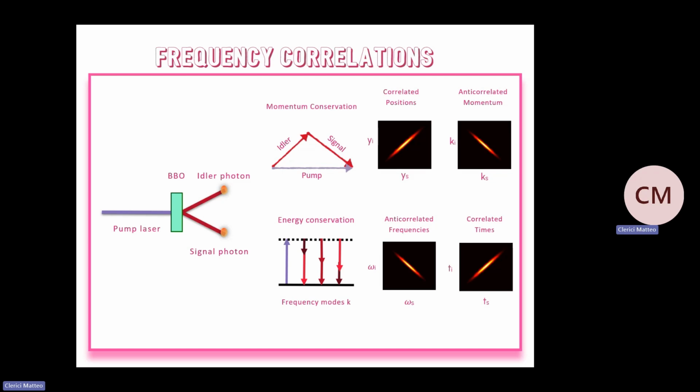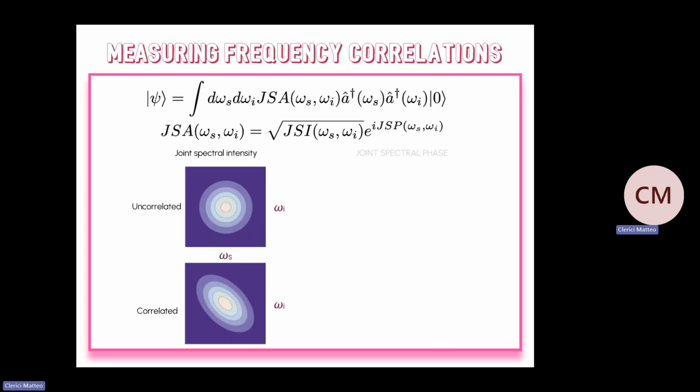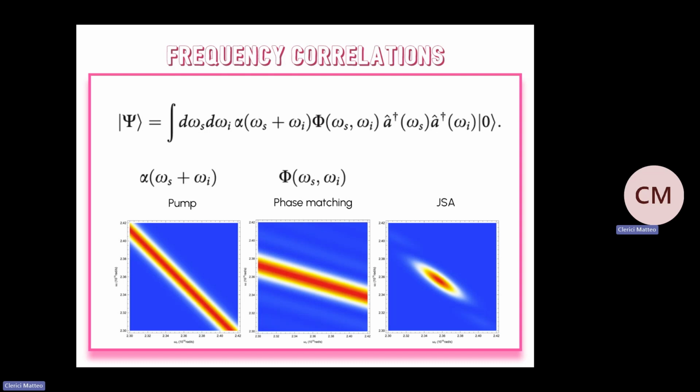If you want to look at spectral correlation, this can be helpful for many different applications, say spectroscopy, communication. But before you can actually use them, you need to be able to characterize them, of course. So if we look at the spectral domain, we can describe the state as you see here, where this is your probability amplitude, which is given by the product of two functions.